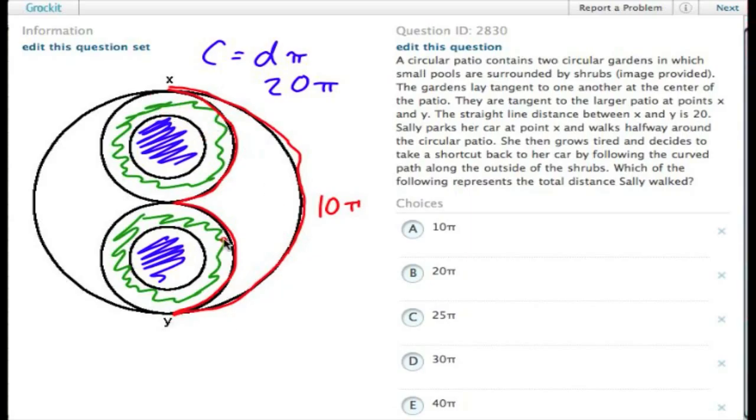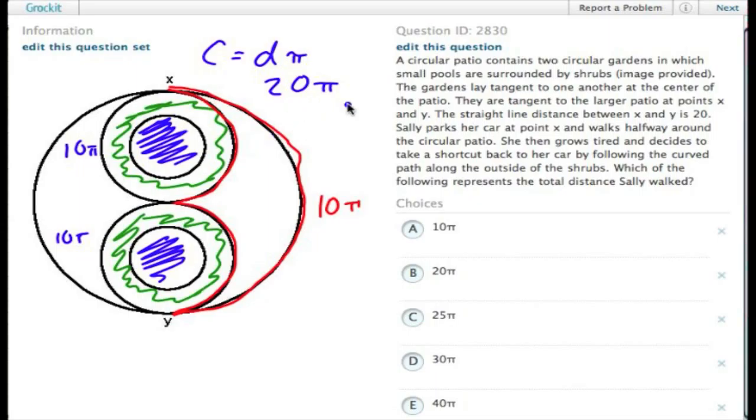So if she walked back by going along this road right here, then each of these smaller circles has a circumference of 10 pi, right? 10 pi for this circle, 10 pi for this circle, because they're half the width of this larger circle that's 20 units.